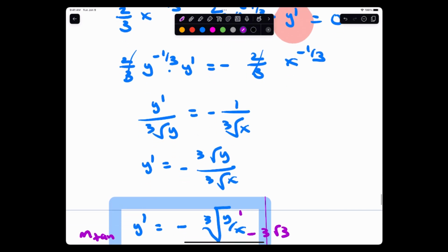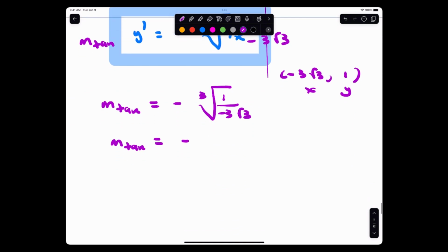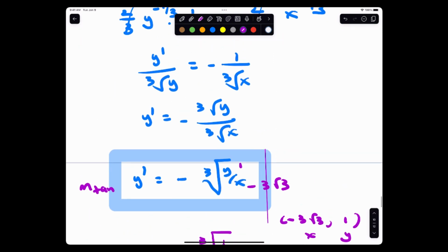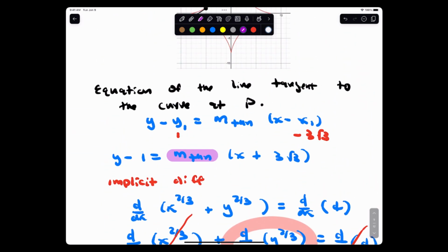Just going to check the algebra here. Okay. If I left it alone on top, isn't that going to be 1? And then that's the cube root of what? Negative 3 cube root of 3, or square root of 3. Okay. So let's bring down this here. And I think your book is going to probably leave it that way.